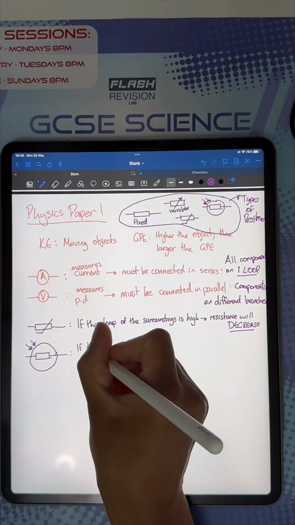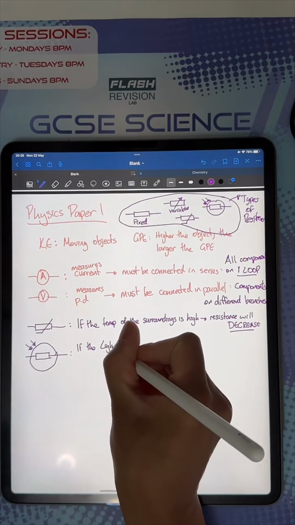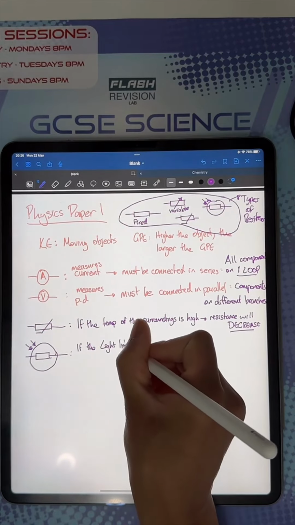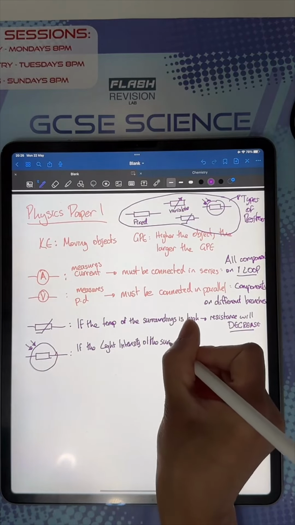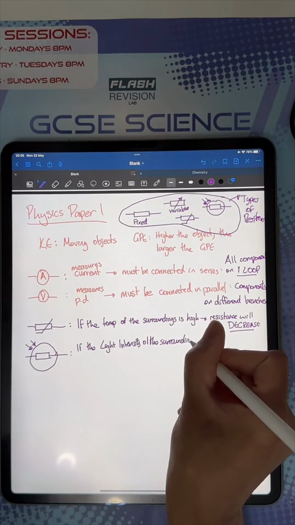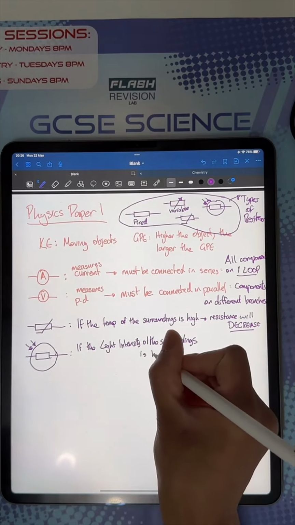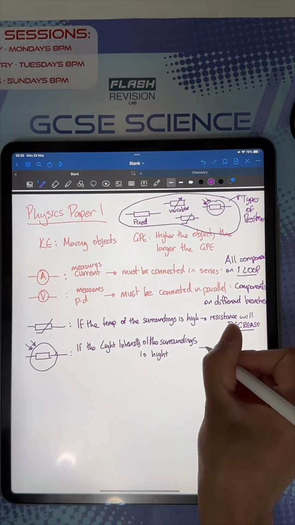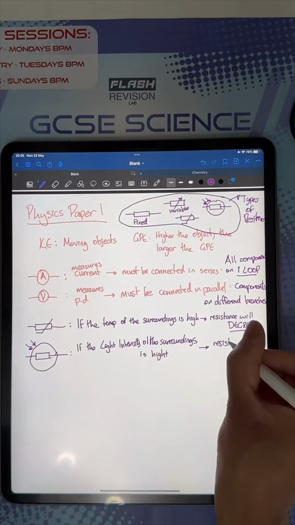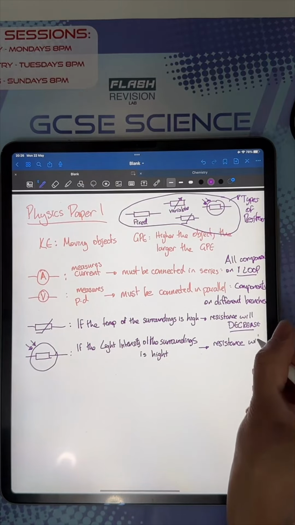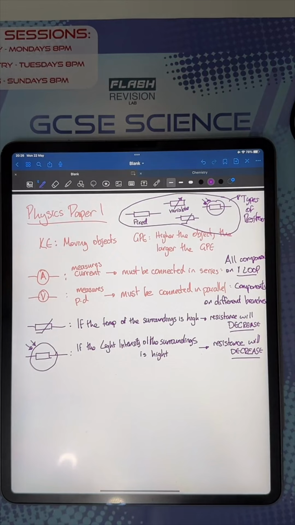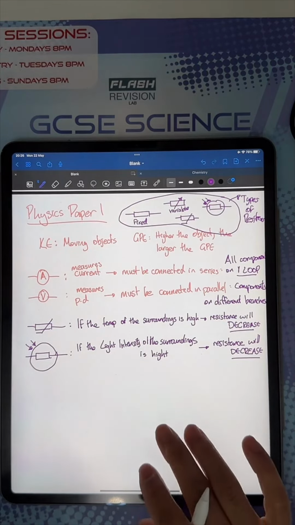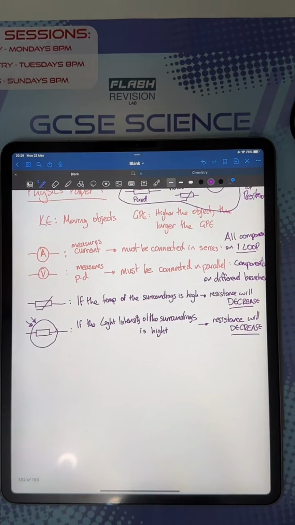So if the light intensity of the surroundings is high, so bright, resistance will decrease. Okay? Yeah, you can think of it as inversely.